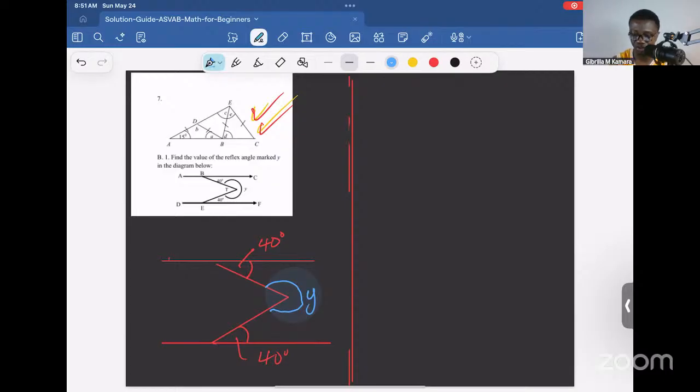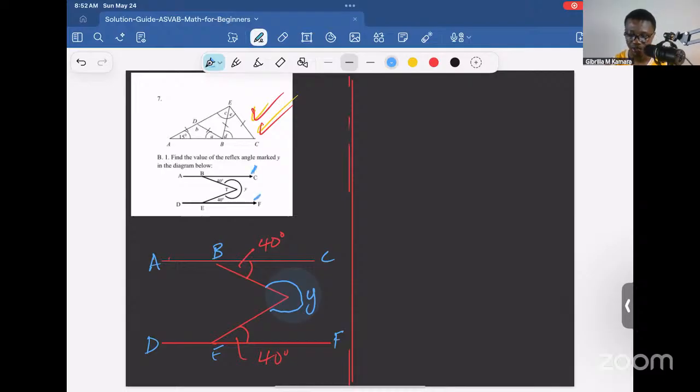So how do we do that? Let me just add the labeling. This is E, this is D, this is A, this is B, C, and F. There is something very important here that you need to understand. You can see these lines.